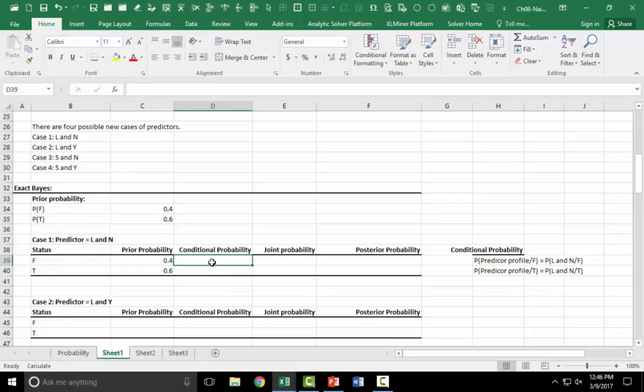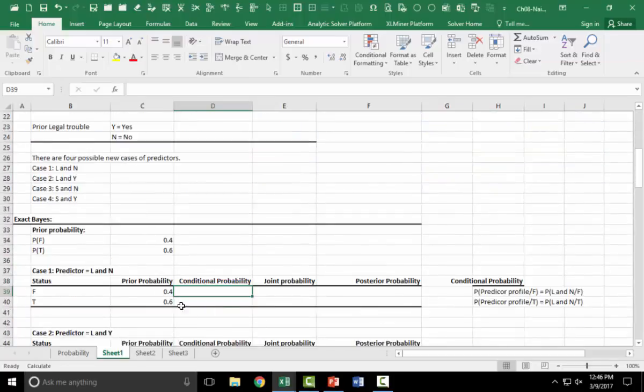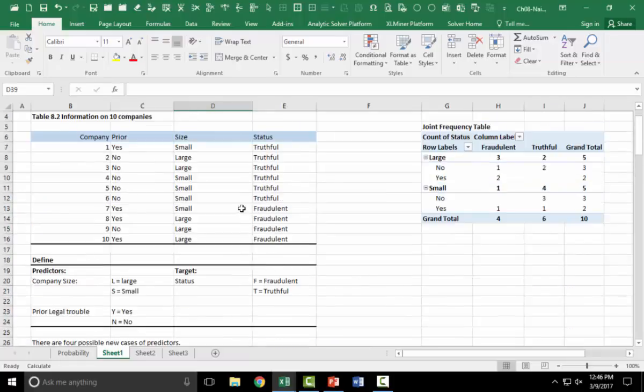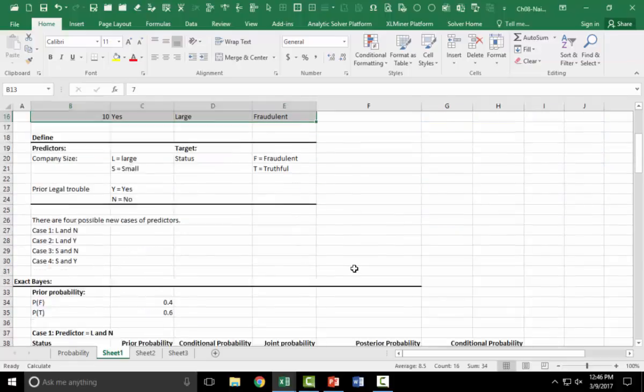Okay, so again, in a small data set like this, we can actually go and count it. So given fraudulent, which means if you look at only these 4, you're slicing it to just these 4 observations.